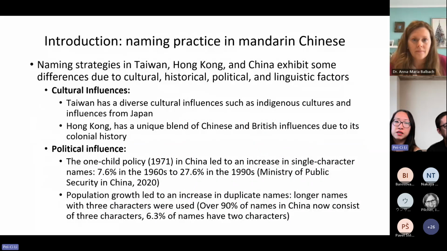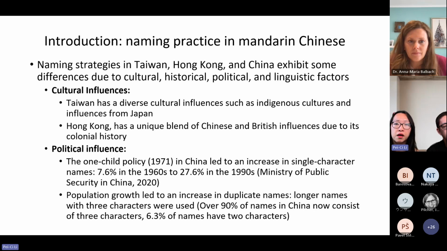Naming strategies in Taiwan, Hong Kong, and China may vary due to their cultural, historical, political, and linguistic factors. In terms of cultural influences, Taiwan has diverse cultural influences such as indigenous cultures and influences from Japan due to its colonial history, while Hong Kong blends Chinese and British influences.